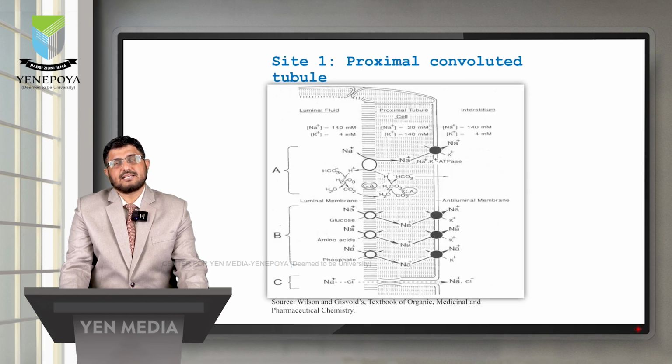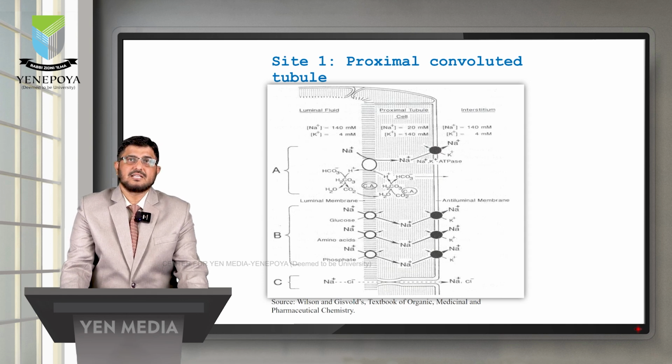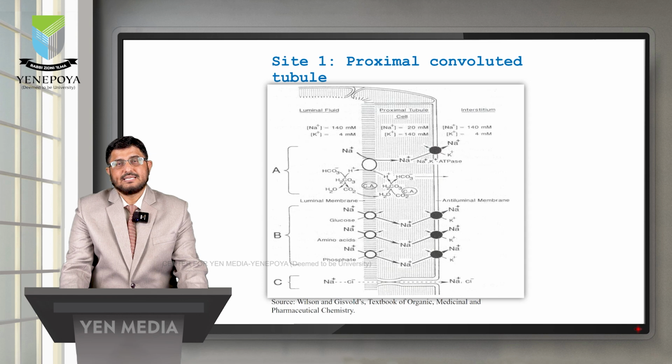So, when the tubular fluid is passing, what functions take place? The nephron is made up of epithelial cells, and each cell has an important role to play in the formation of urine. These epithelial cells have a luminal region as well as a basolateral region.